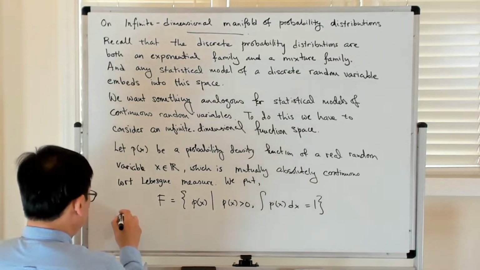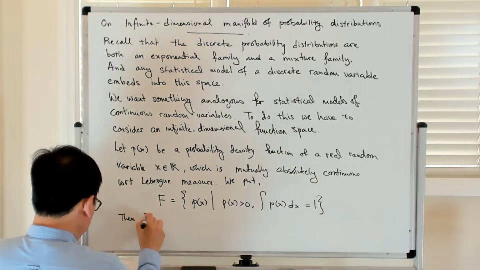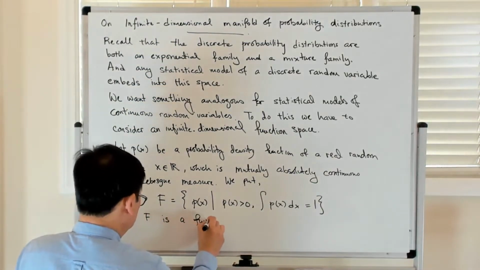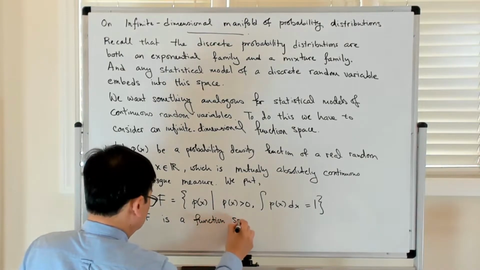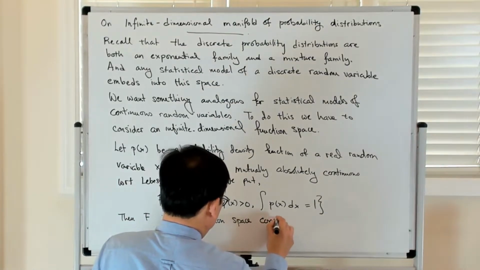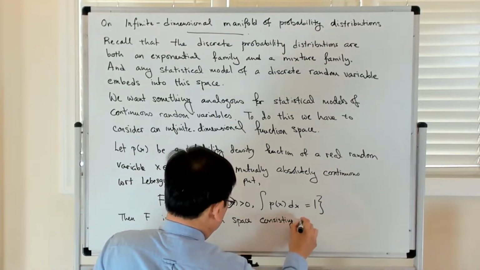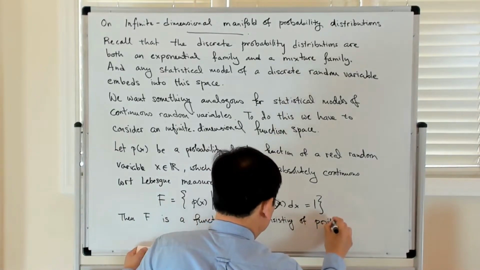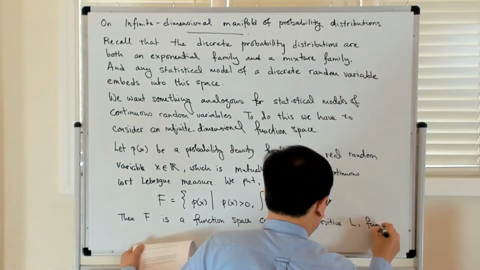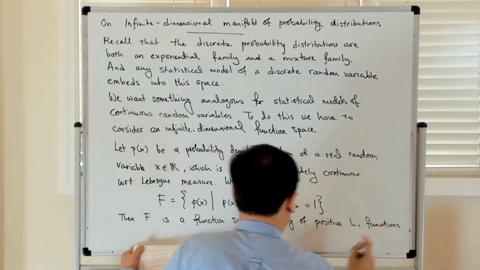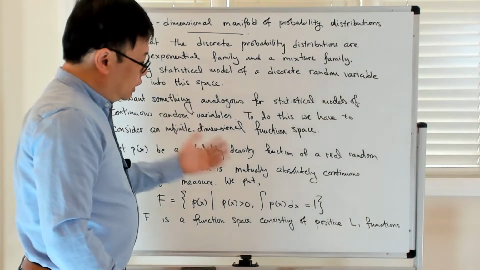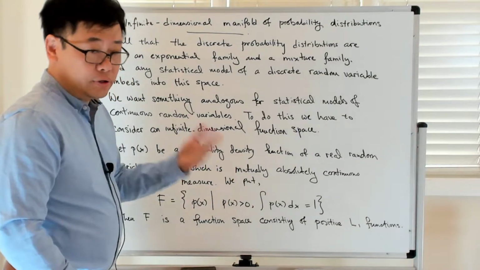So in this situation, F is a function space consisting of positive L1 functions. If you recall, there's a way to endow function spaces with various sorts of norms.